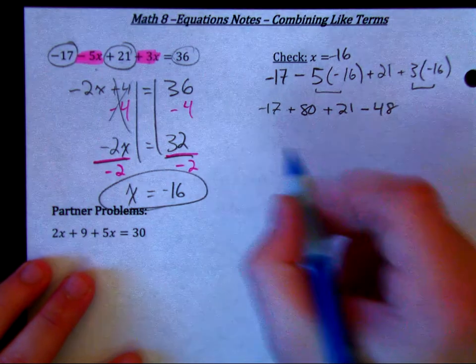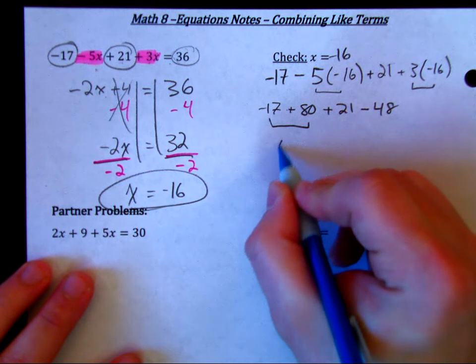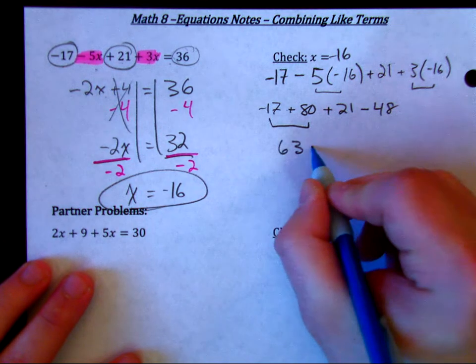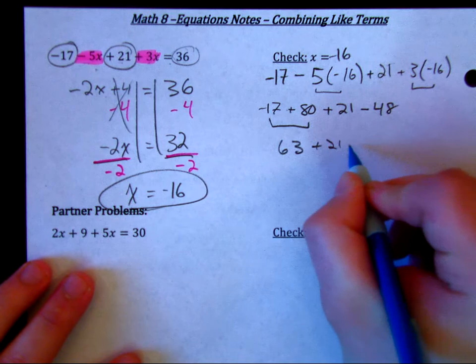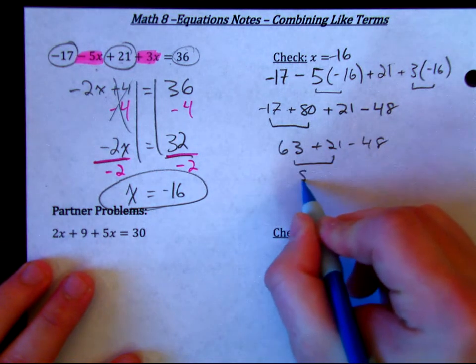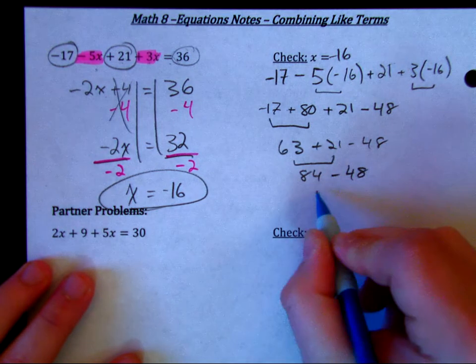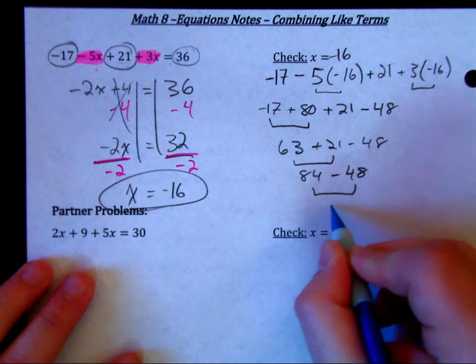Working left to right, I have 80 plus 21 minus 48. This is 84. And this is 36.